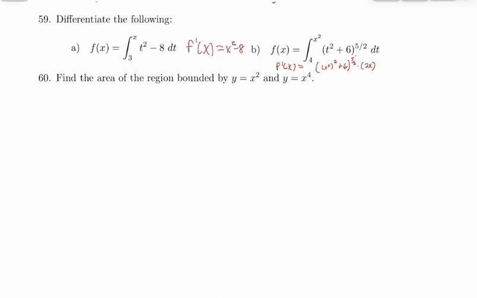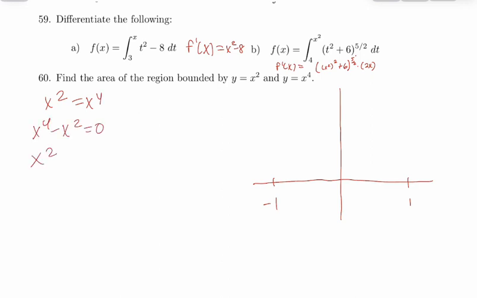And so it does create this little pocket. Excuse me. So I want to draw the graph. And I want to draw the graph just between -1 and +1, because x squared equals x to the fourth intersects in 3 spots, at +1, -1, and 0.